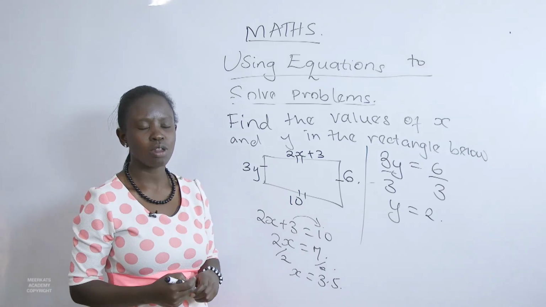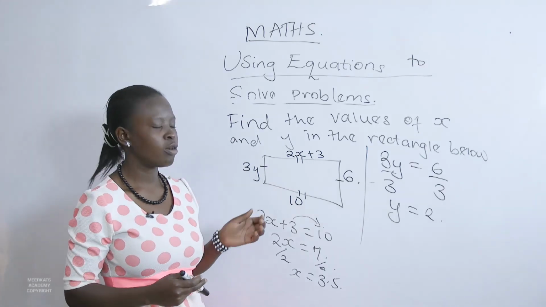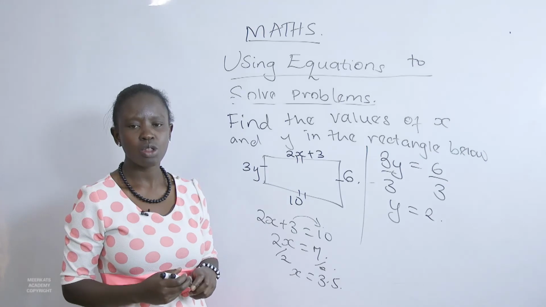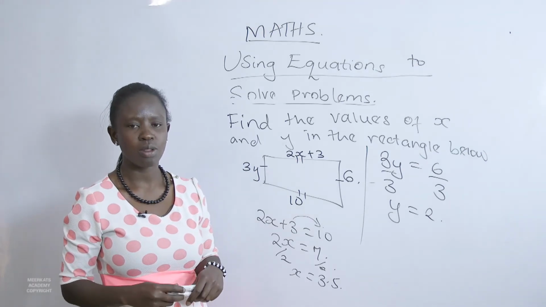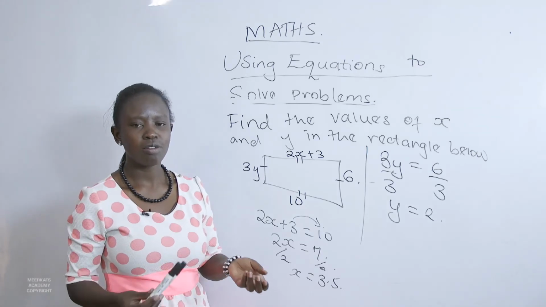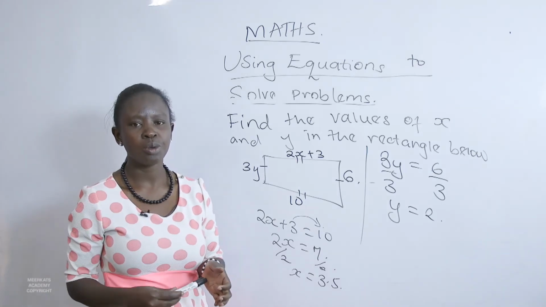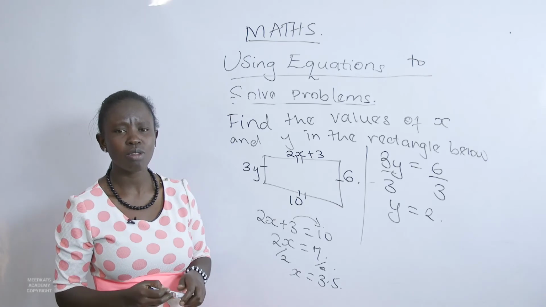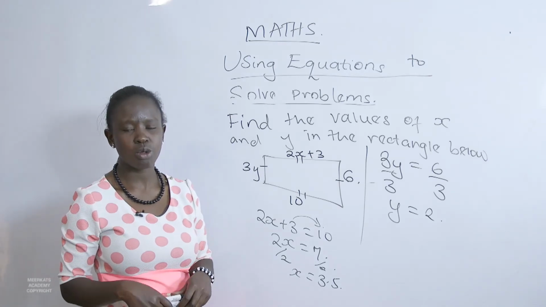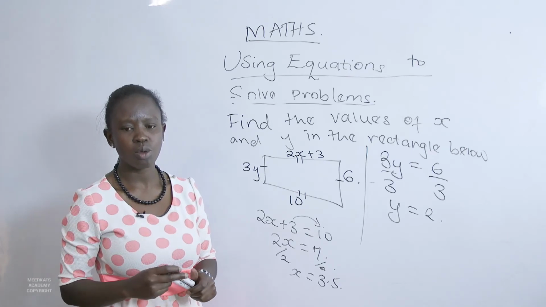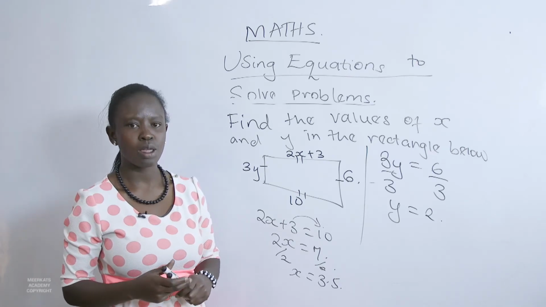Whichever method you prefer to solve the equation that you formed, you can go ahead and use. Alternatively, if the question has directed you on the method that you're going to use, then it simply means you'll have to follow the instructions in the question and use the method that you've been given.